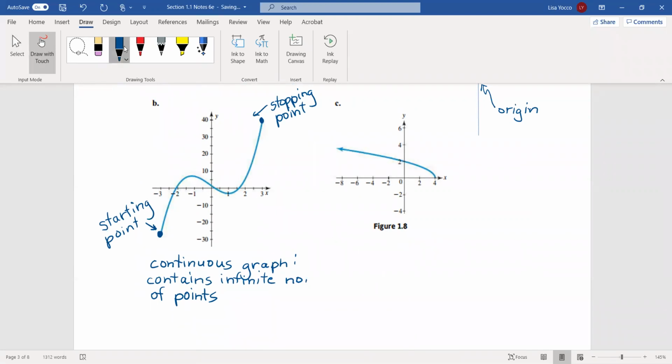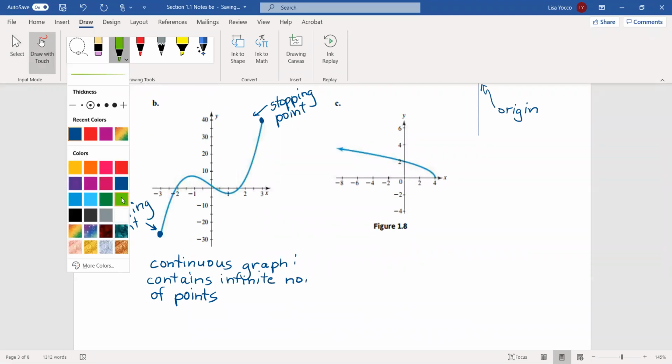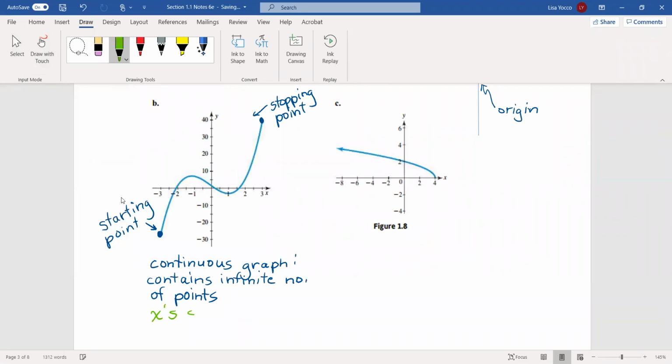So I might say the X's start at -3, which is right here, and stop at +3 right here. Okay. So if we were just talking informally, we could say, hey, the X's go from -3 to +3.